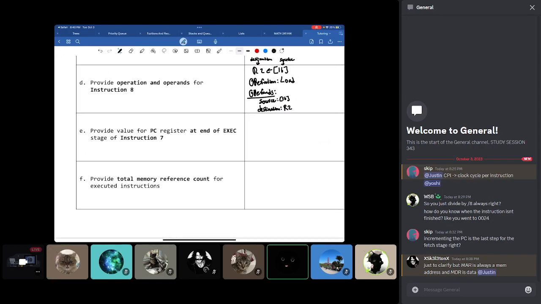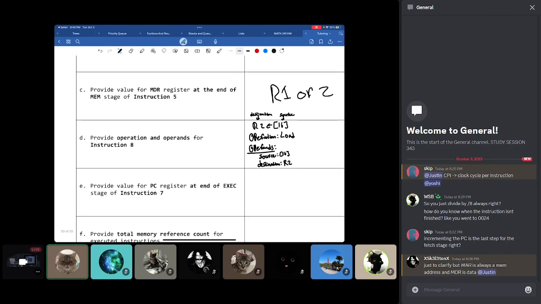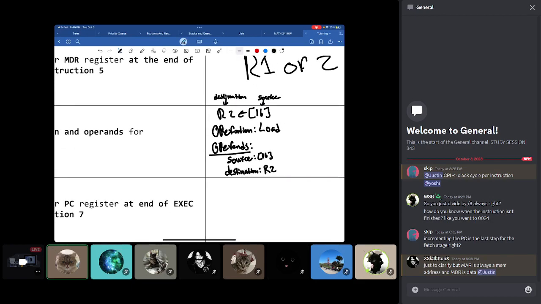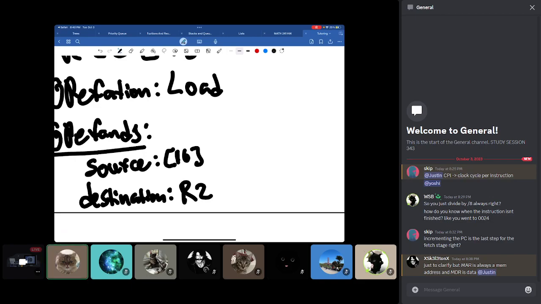Okay. What if it's an R-type instruction? Then I think you would still have one destination but two sources. So let's say if it was register 2 and 4, it would just be source R2, comma R4, something like that maybe.